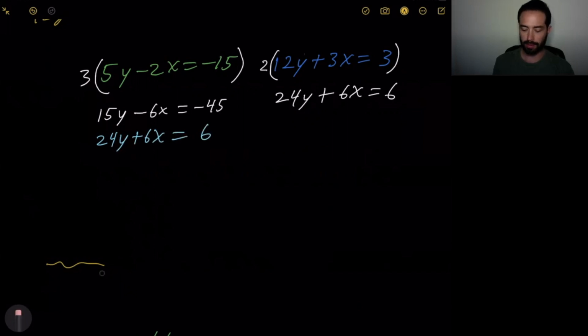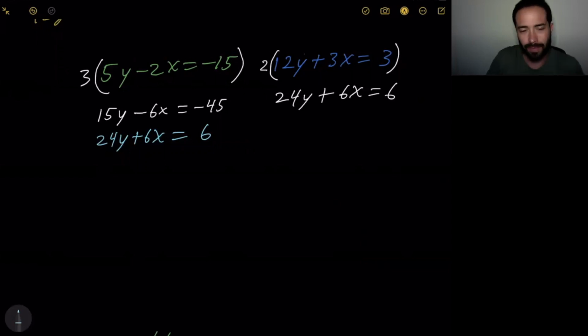Now we want to ask ourselves, if I add these two equations together, will something cancel? Or if I subtract these two equations, will something cancel? Well, I can see that it's negative 6x and positive 6x. So if I add those two things together, I will get 0. If they were exactly the same, like negative 6x and negative 6x, then I would subtract them.